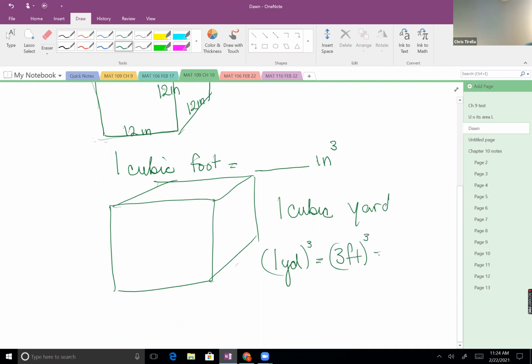And when I cube that, 3 times 3 times 3, I get 27 cubic feet. So 1 cubic yard is 27 cubic feet. And so when I go to volume, I have to cube that unit of measurement.